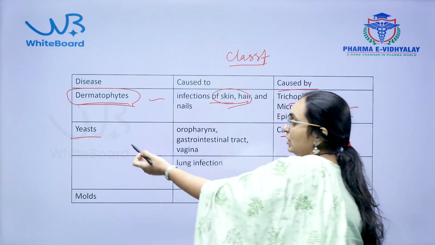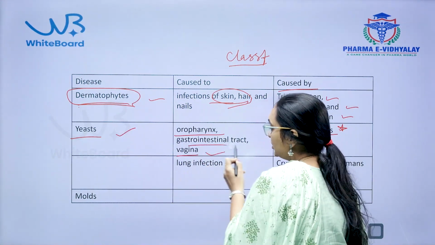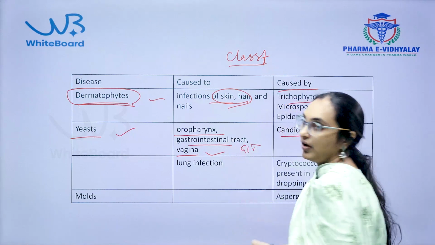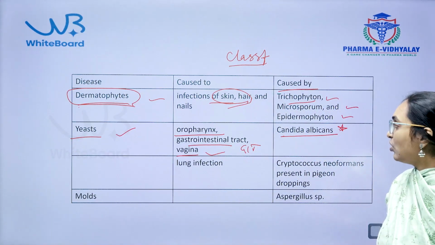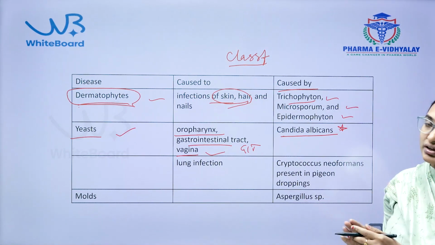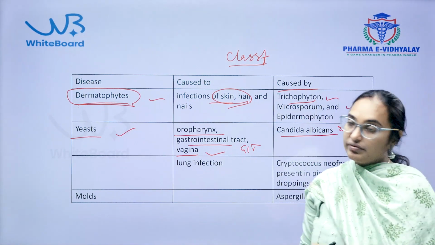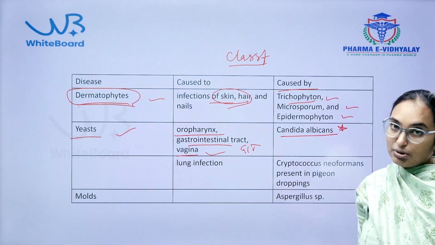It is mostly a yeast infection affecting the vagina, GIT and oropharynx. Specific drugs are there for Candida albicans infections and dermatophyte infections, so we have to know the terminology first.